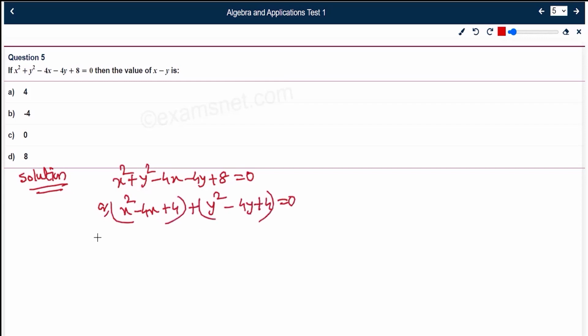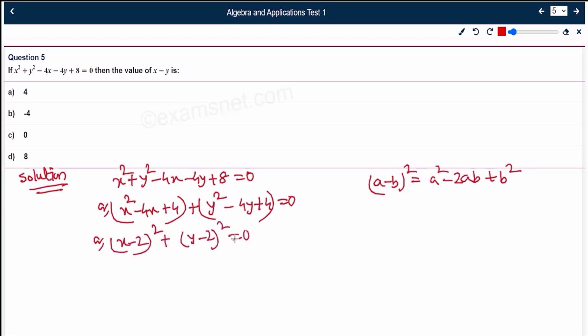Here you can see it looks like the formula of a minus b whole square, a square minus 2ab plus b square. So here a is x and b is 2, because 2 square gives us the value 4. So x minus 2 whole square plus y minus 2 whole square equals 0, correct?